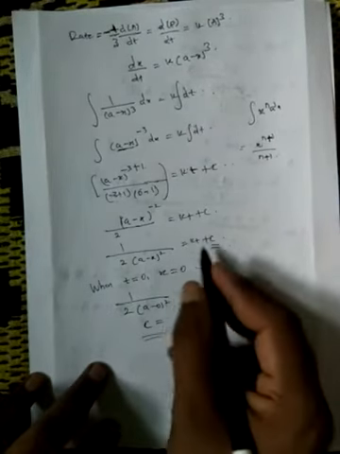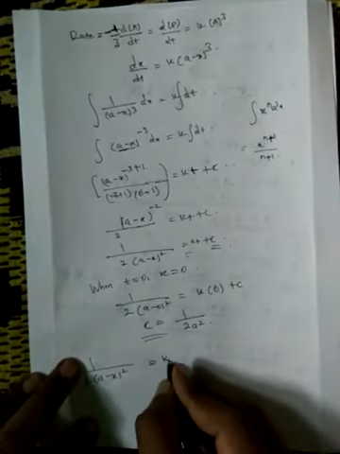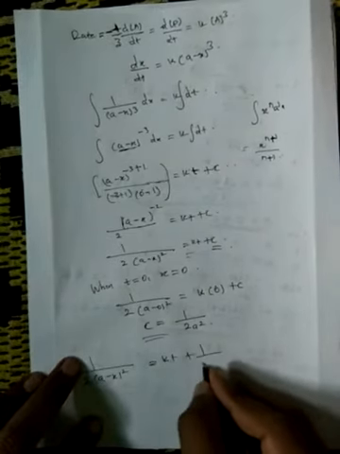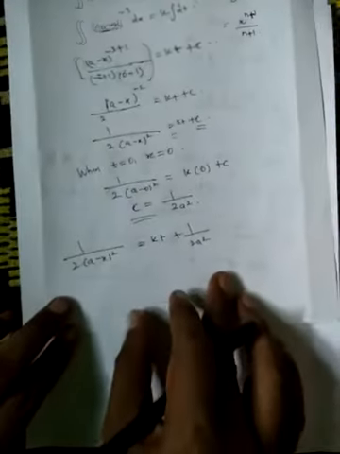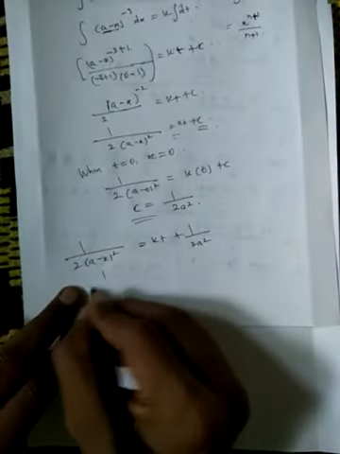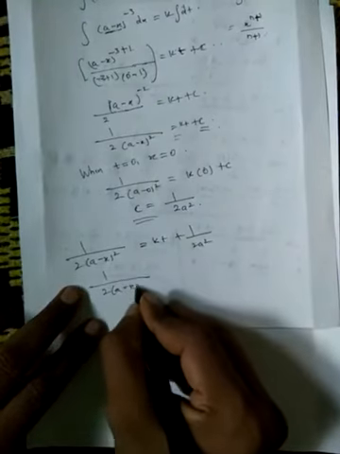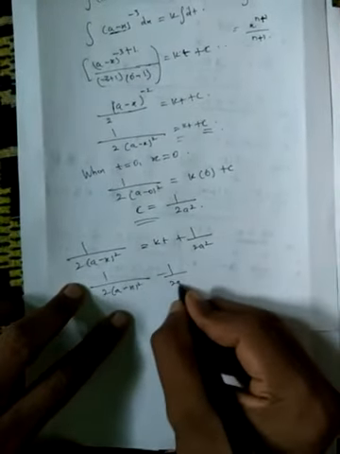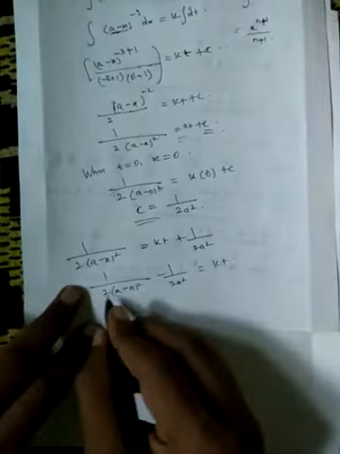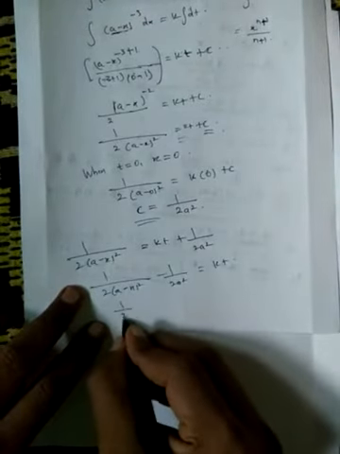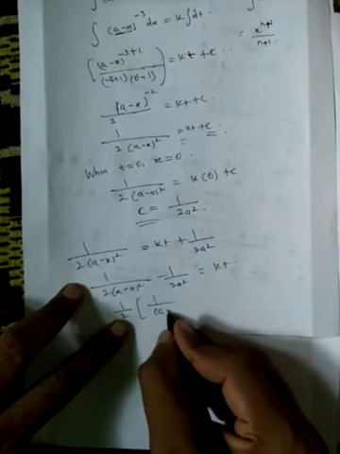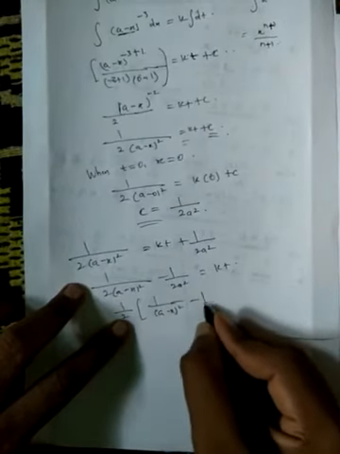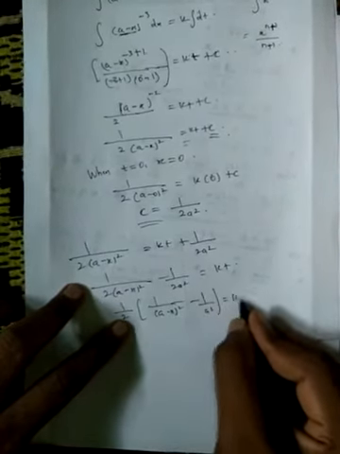So substitute c in this equation, I'll get 1 by 2(A minus x) whole square equal to kt plus 1 by 2A square, and rearrange this equation. Kt equal to 1 by 2(A minus x) square minus 1 by 2A square. 1 by 2 is common, so 1 by 2 times [1 by (A minus x) square minus 1 by A square] equal to kt.